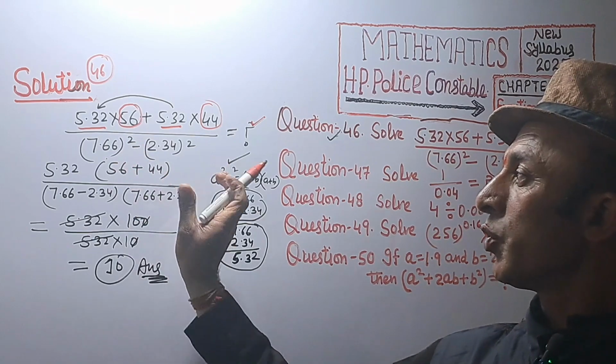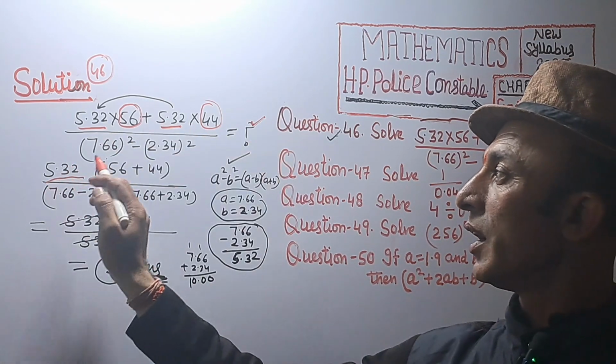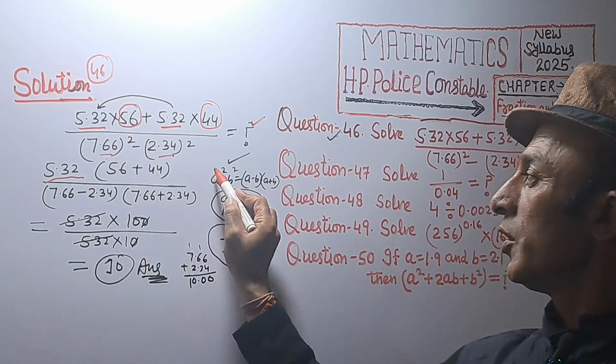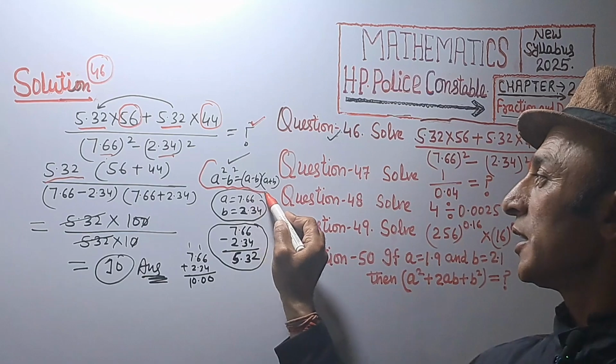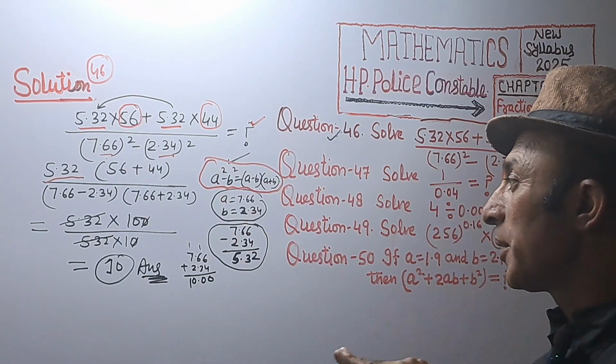Taking 5.32 common, and the denominator is a square minus b square. We know that a square minus b square equal to a minus b into a plus b.